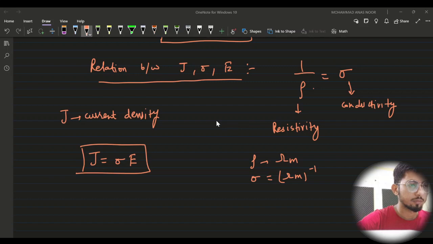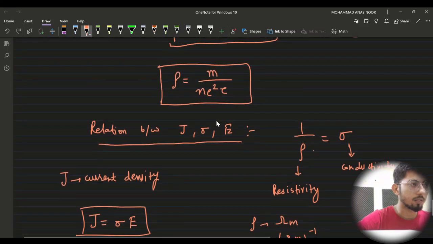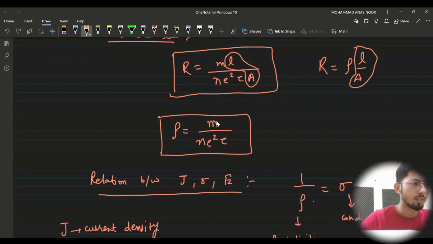From here you've seen that the resistivity is m upon ne squared tau. What we know already is that resistivity is a property of the material.